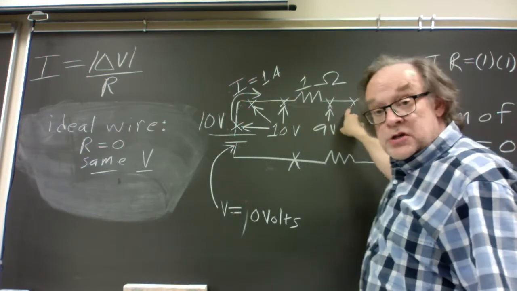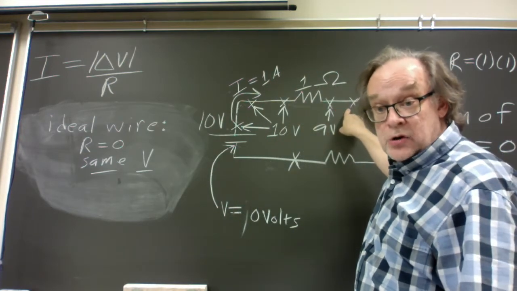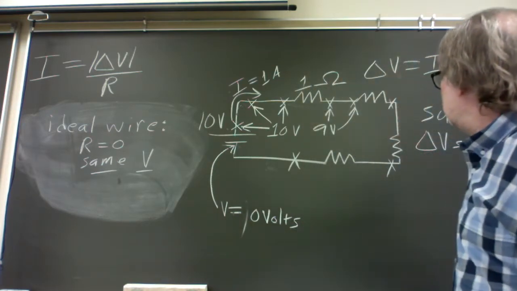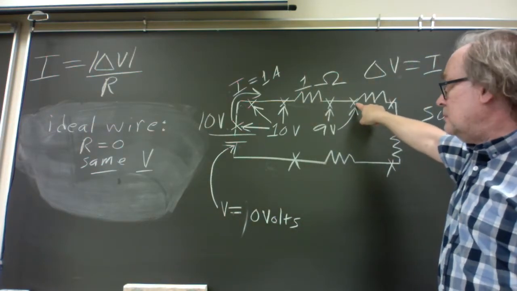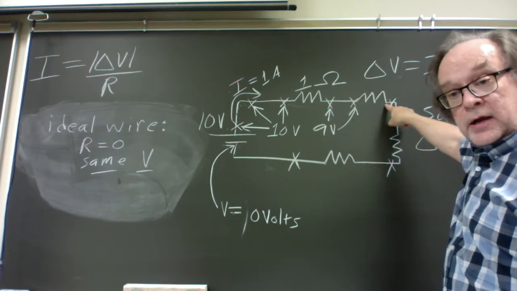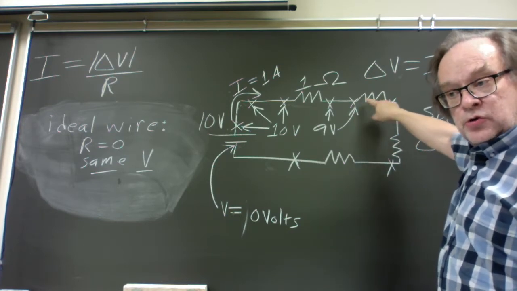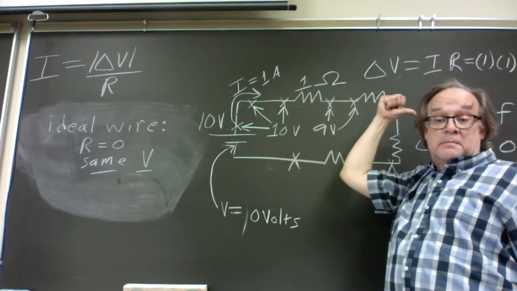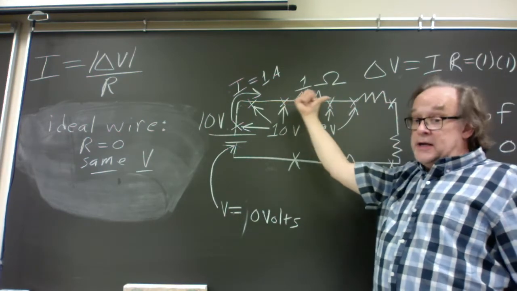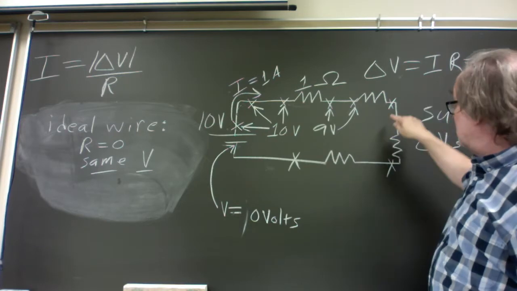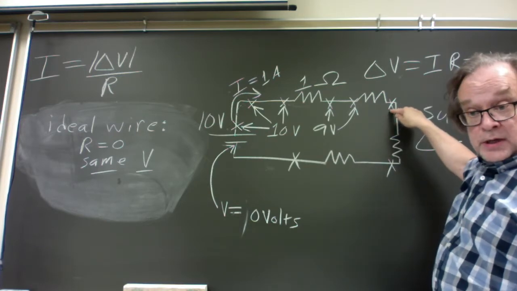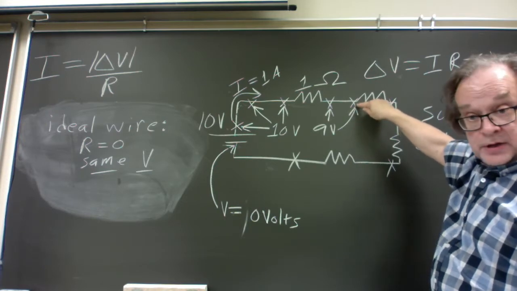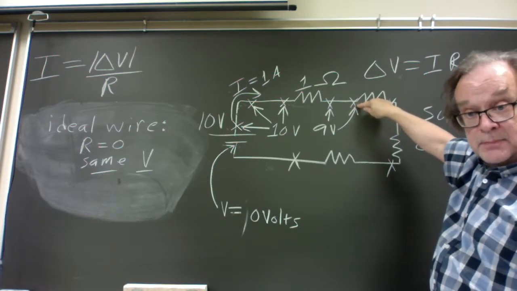And then these 2 points are connected by nothing but wire, so they are at the same potential. 9 volts there again. And again, the current is going this way. And in order to move left to right, there has to be an electric field left to right, which means left to right has to be the direction of decreasing potential. So this point here, where the current comes out, is at a lower potential than the 9 volts here, where the current came in.